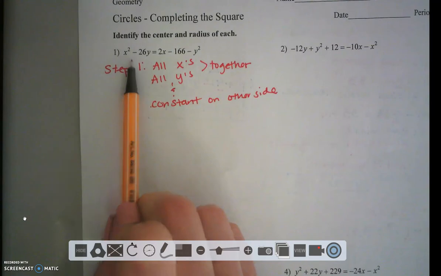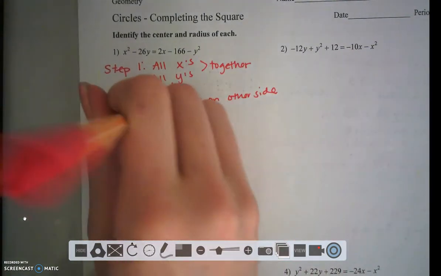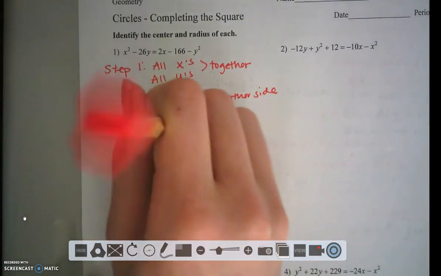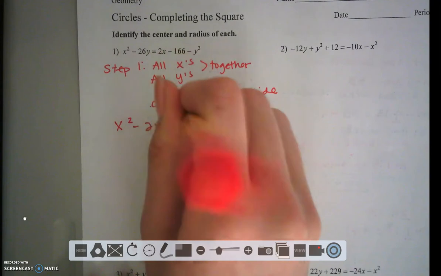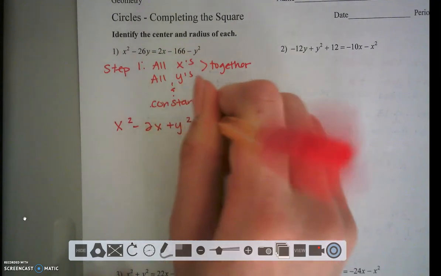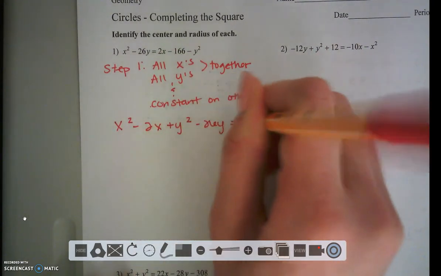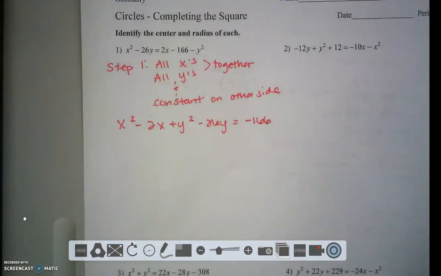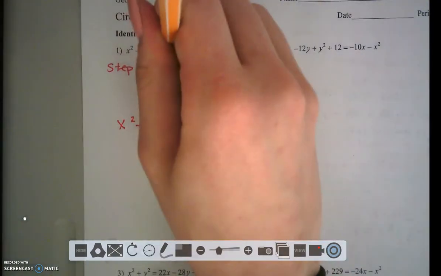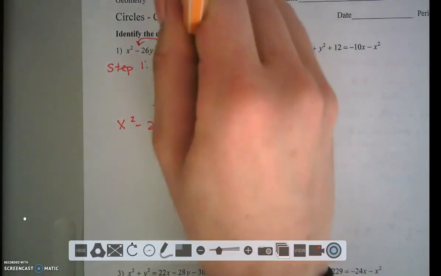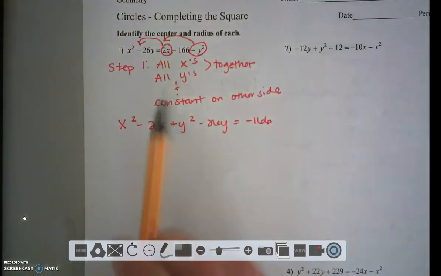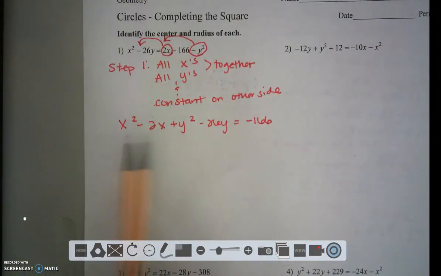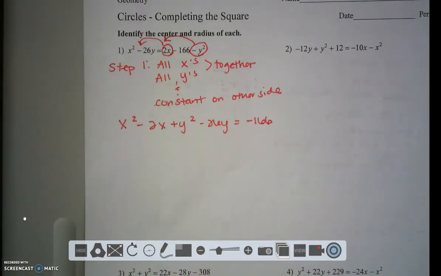So to fix this, this is going to become x squared minus 2x plus y squared minus 26y, and I'm going to let this equal a negative 166. So what I did is I moved my 2x over, and I moved this y squared over. Okay. And I made sure my x's were together, and I made sure that my y's were together.